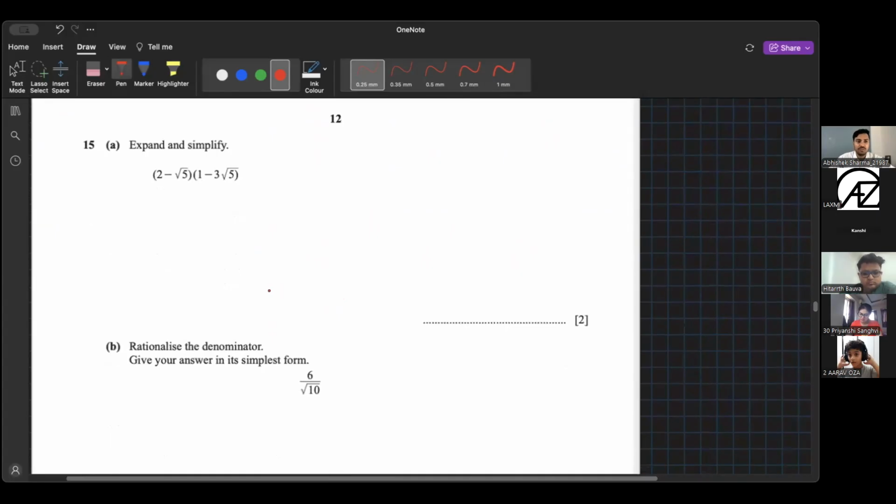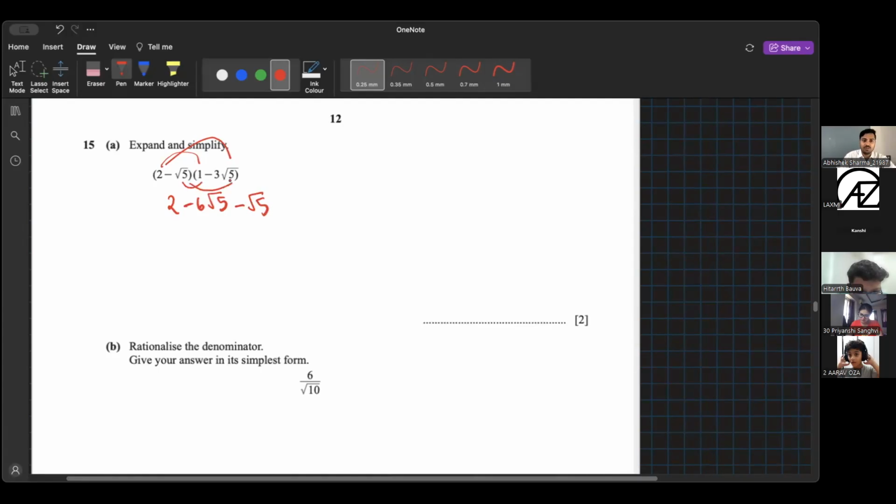Let's move on to question number 15 now. It says expand and simplify. Now here there is no formula or identity applicable, so we can simply multiply. 2 into 1 is 2. 2 into minus 3 root 5, so minus 6 root 5. Then minus root 5 into 1, so minus root 5.